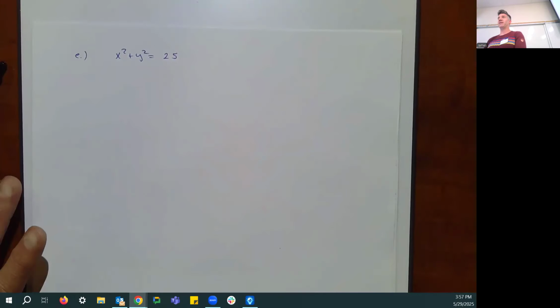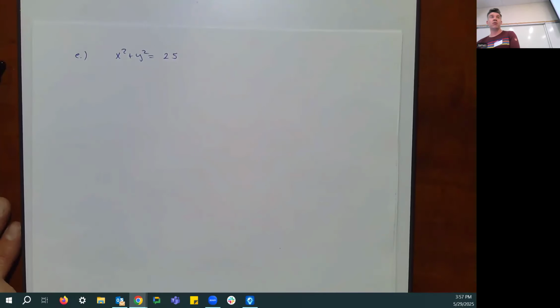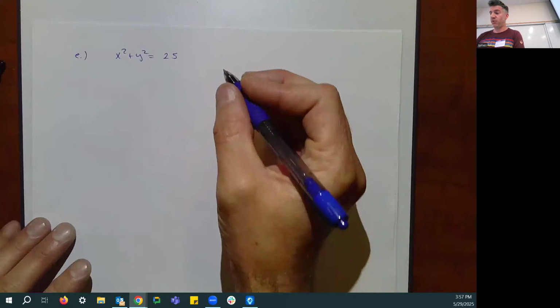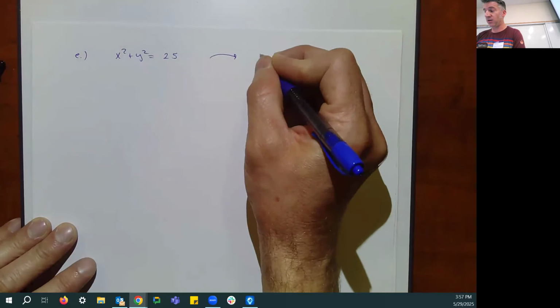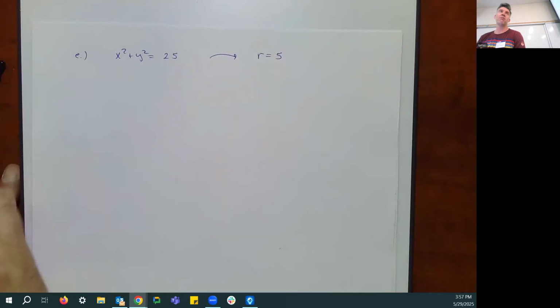Again, I feel like this is one you can just kind of know. What kind of graph is this equation? A circle. And it's a circle with what radius? 5. So our polar equation is probably going to be r equals 5.